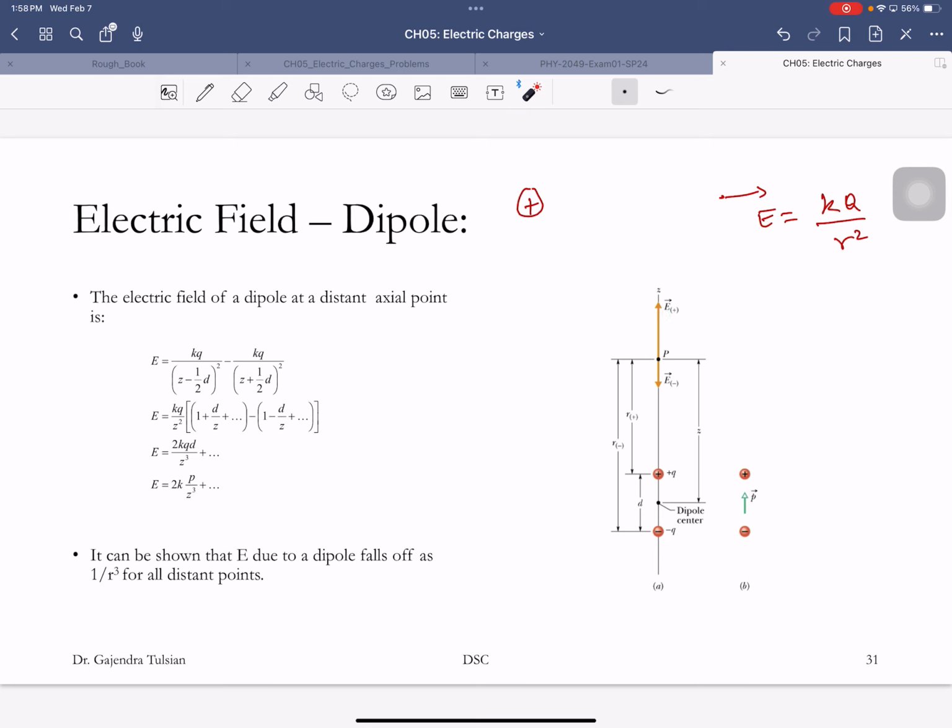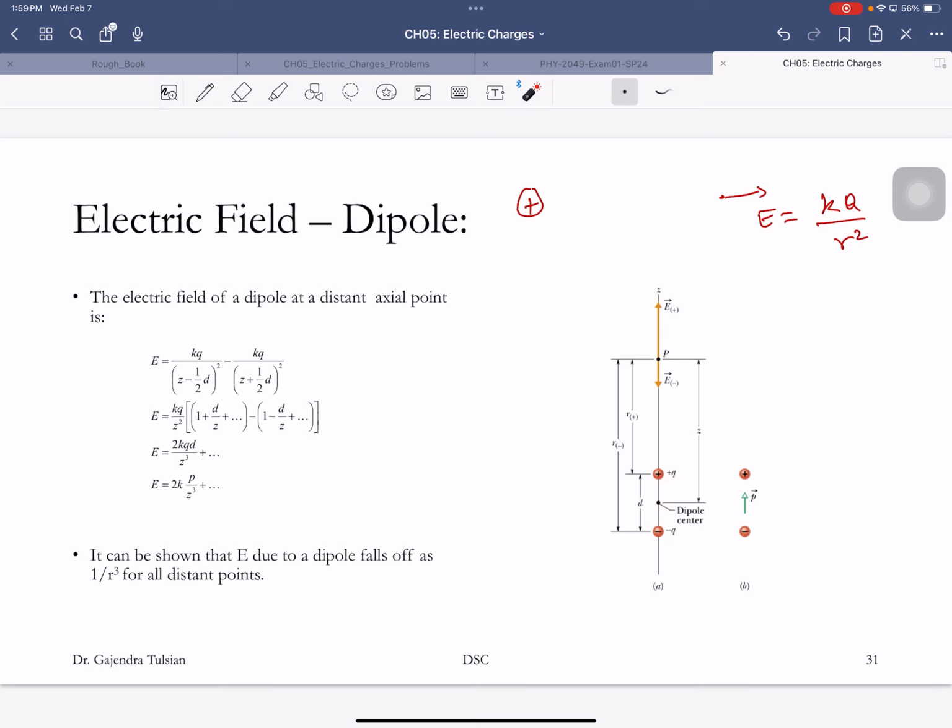The net field in this direction turns out to be proportional to 1 over z cubed, where z is this distance. So the strength of the net field at this point is falling off as 1 over z cubed, faster than that of a single charge. The field from a single point charge falls off as 1 over r squared.